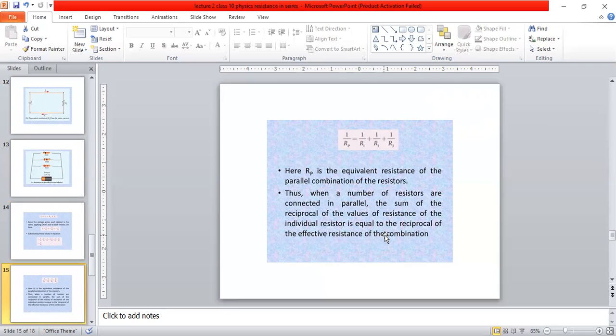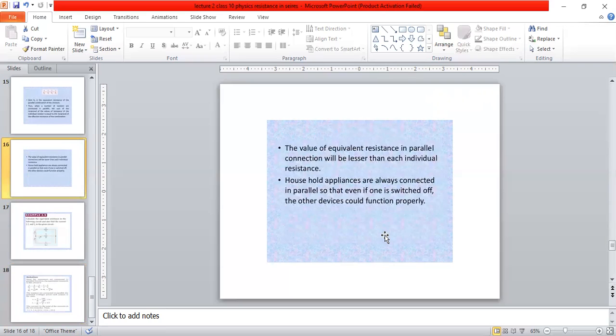You know this formula, as you read in the capacitor case. In a series combination, the equivalent resistance was greater than each individual resistance; in a parallel combination, the equivalent resistance is lesser than each individual resistance. But in the capacitor case, in parallel the equivalent capacitance is greater than the individual capacitor.